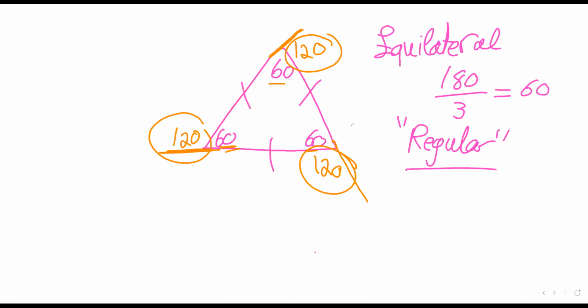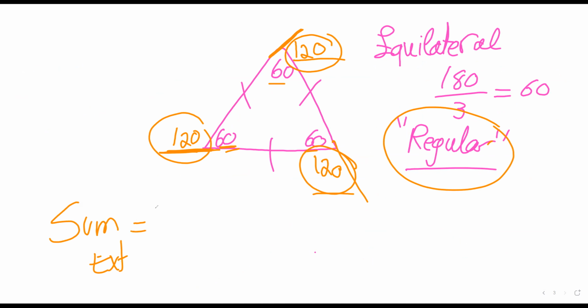طيب, let's look at the equilateral triangle or at the regular polygon. What's the only difference? The only difference is that all the exterior angles are equal, but the sum of the exteriors is still equal to 360 degrees. وبرضه نفس الكلام، أي interior والexterior بتاعتها 180.